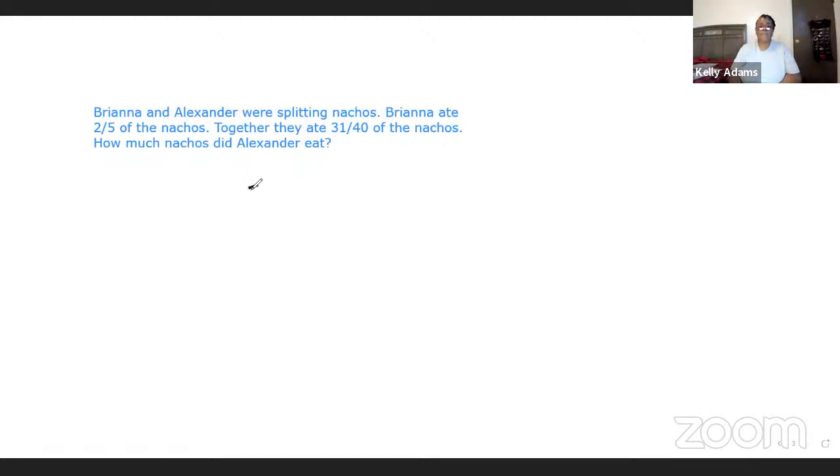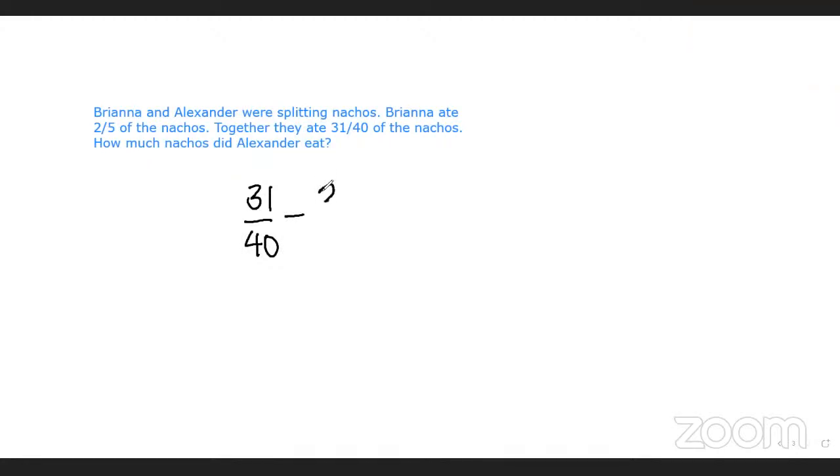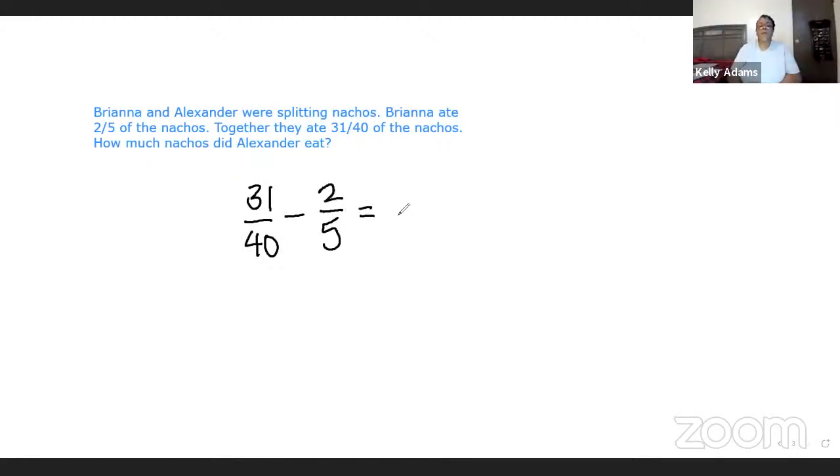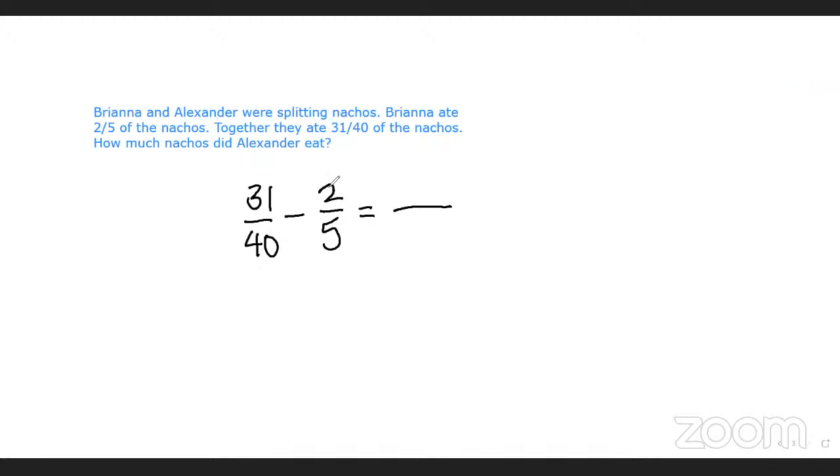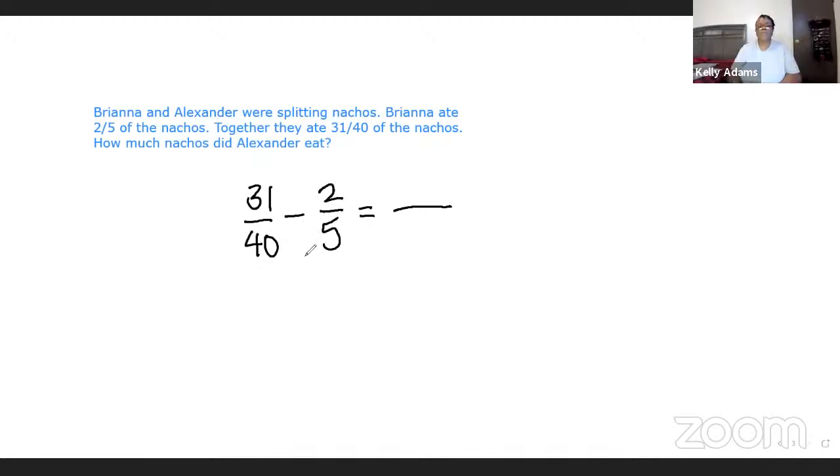Together they ate 31/40 of the nachos. Other than 31/40, she ate 2/5. How much of the nachos did Alexander eat? Y'all with me? So let's subtract her 2/5 from the 31/40 and see what we get.